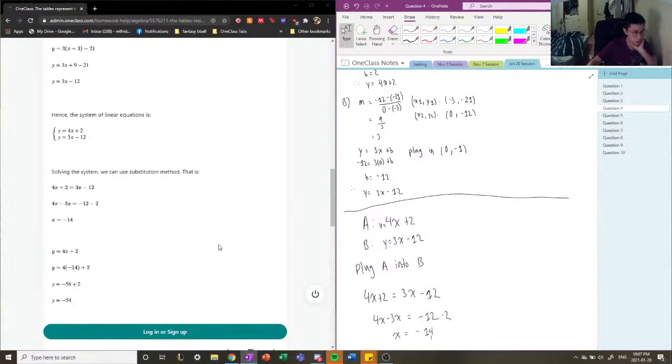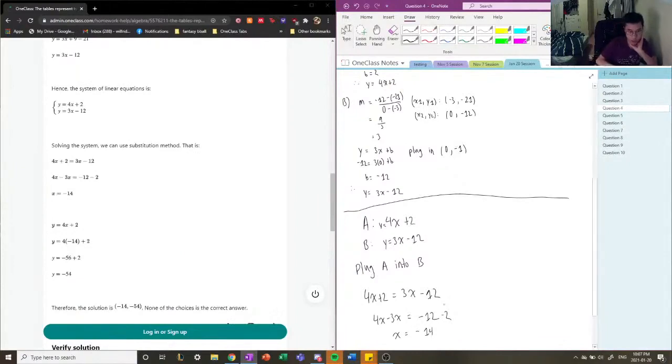If x equals negative 14, then we plug x equals negative 14 into, let's say, A, and we get y equals 4 times negative 14 plus 2, which is equal to negative 64 plus 2, which is equal to negative 62. Therefore, the solution to the system is negative 14 and negative 62.